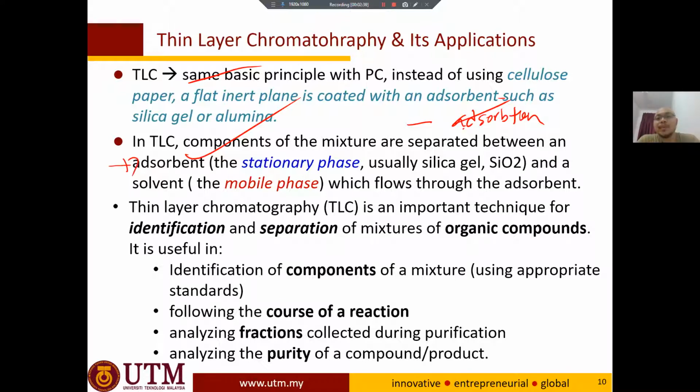The TLC is the most common technique, especially in organic applications. So there are four applications in the TLC.